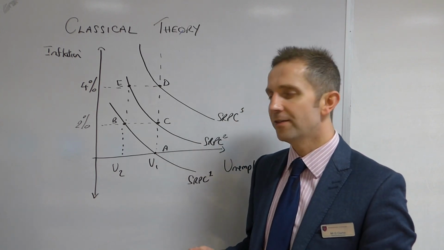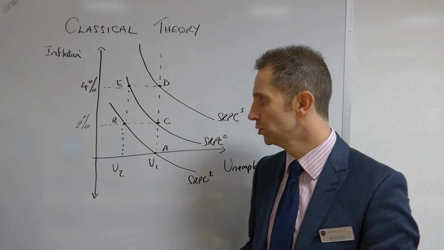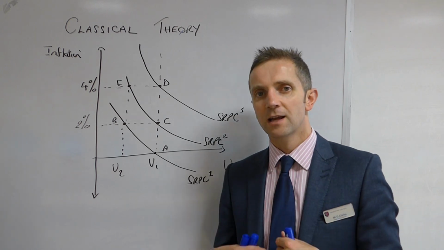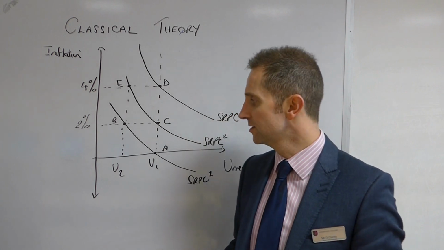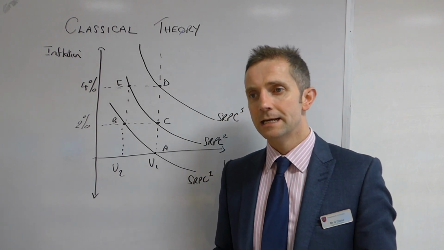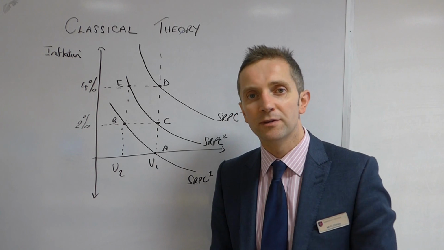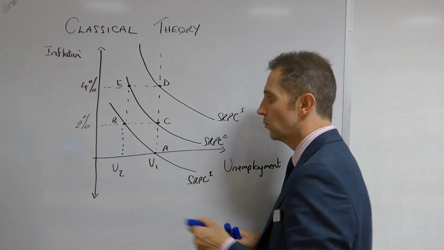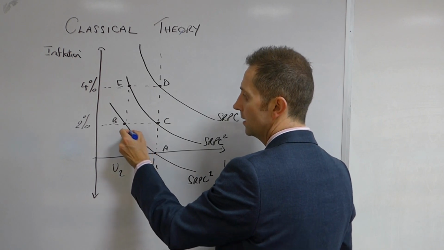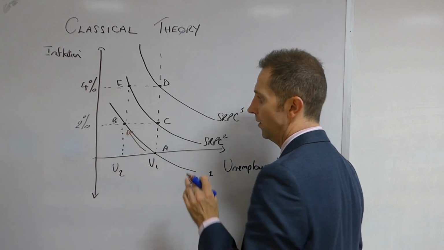But we're at point A, and the government of the day wishes to reduce the level of unemployment. And so once again, they inject some type of monetary stimulus into the economy to stimulate AD. AD rises and unemployment falls. And so in the first instance, we move along short-run Phillips curve 1.